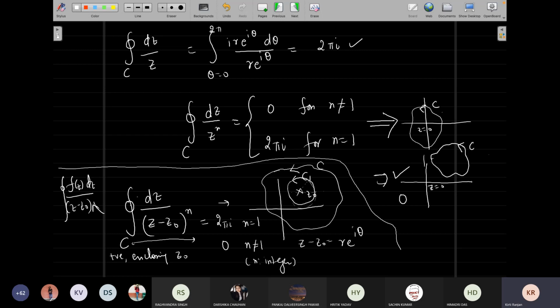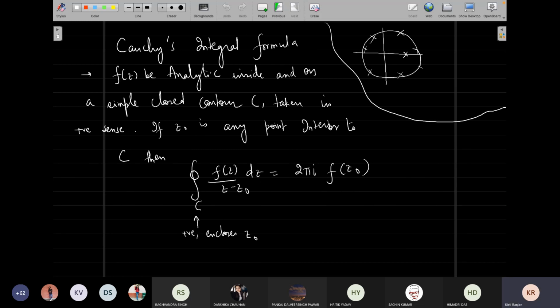If I want to evaluate this kind of integral, where there is this f(z) also added to this dz, can I evaluate it? The Cauchy integral formula gives you that power to evaluate more integrals where f(z) is analytic inside and on a simple closed contour.